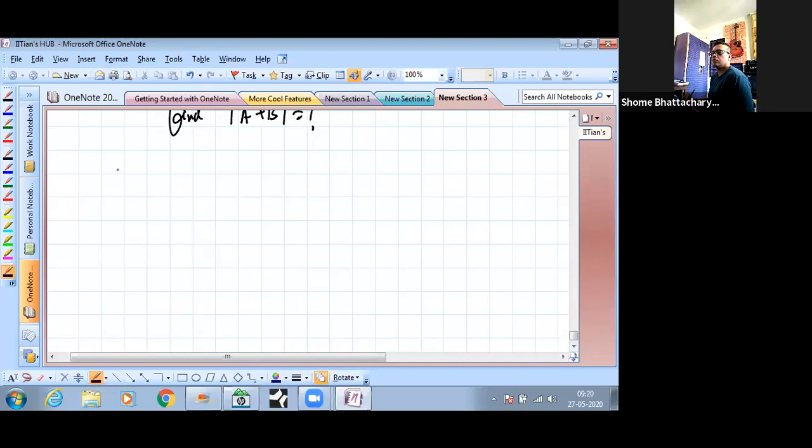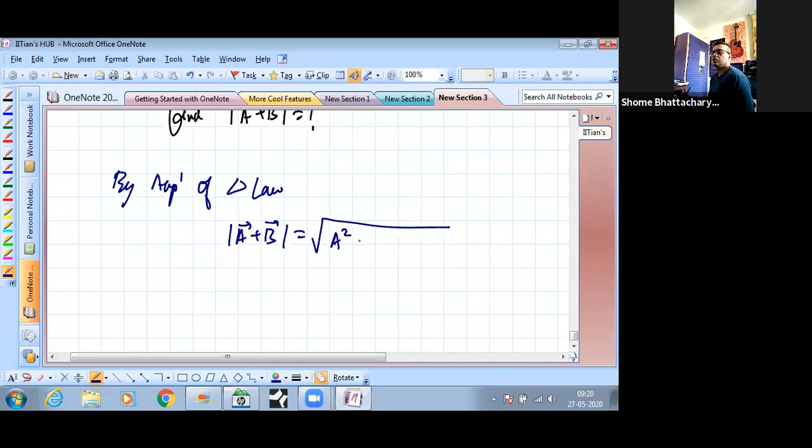By application of triangle law, magnitude of A plus B, just by formula, becomes root of A square plus B square plus 2AB cos theta, where we'll substitute A equal to 20, B equal to 20, and theta equal to 60 degrees.